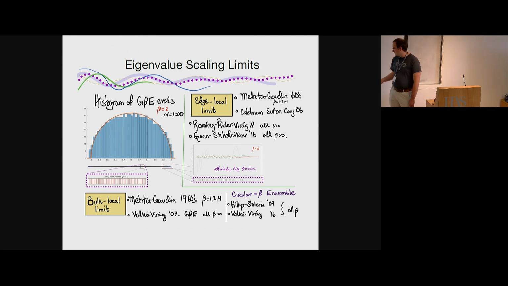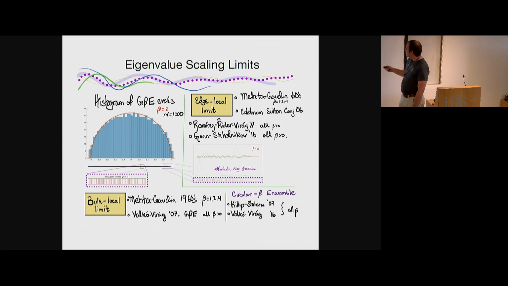And then later, in the Gaussian beta ensemble, due to Valkó and Virág, there was a description by this joint collection of diffusions, which were touched on in the previous talk. And then there's also circular beta ensemble stuff. I won't say so much about it, but there's a parallel theory, and the local point processes are universal, so you have also the sine beta point process appearing there.